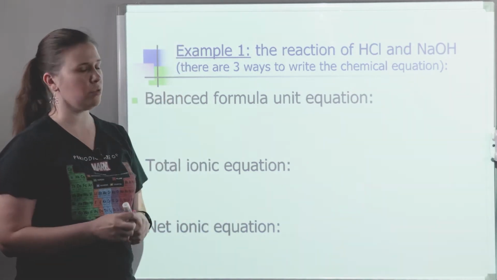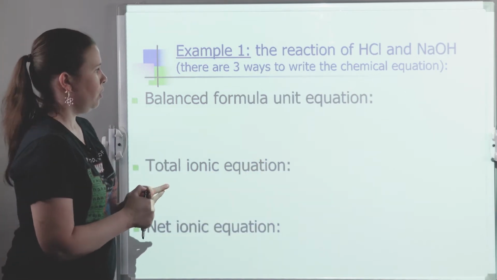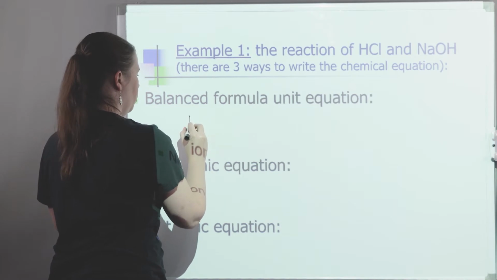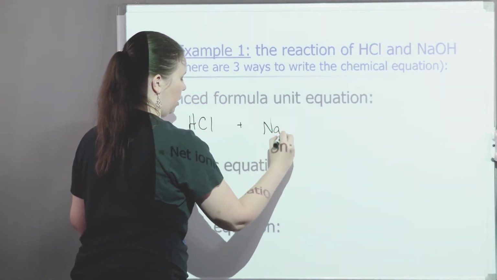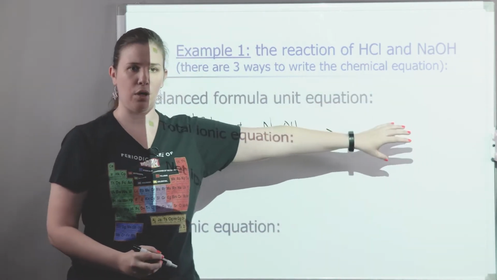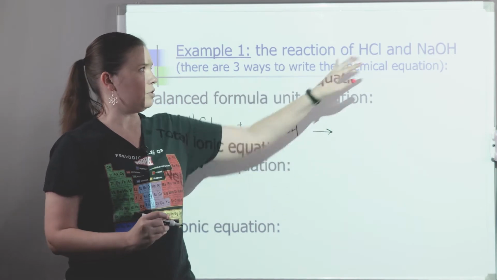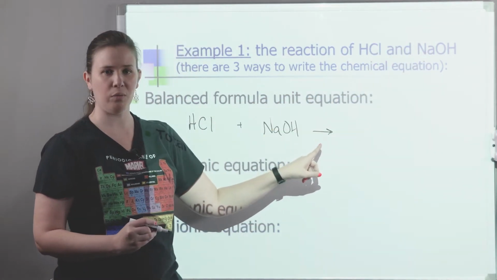So we have these strong acid, strong base fitting the Arrhenius definition. I want to go ahead and jump into writing that initial equation before I start looking towards net ionics. So first, one reactant would be HCl, another reactant would be NaOH. And from here, I can predict products. One thing I want to mention, since I did acknowledge that these are strong, I'm going to only write a one-way arrow.